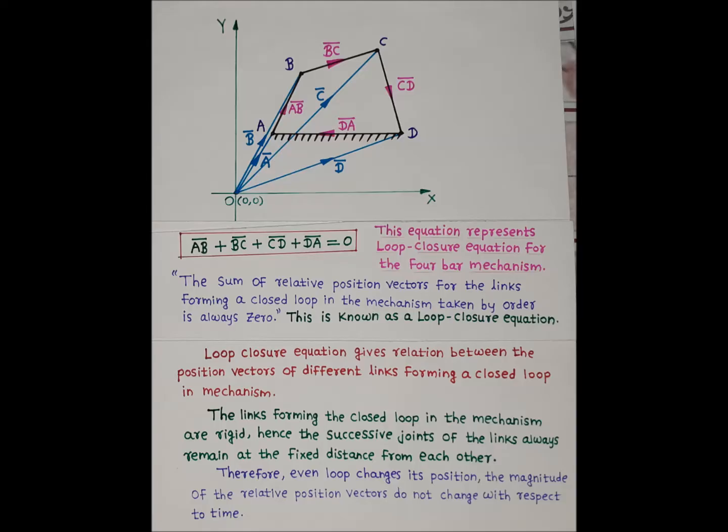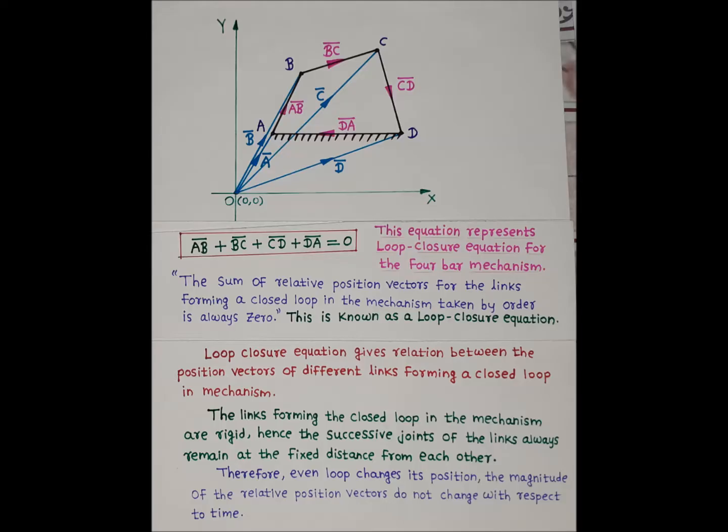Its position may change, but its length will be the same. For DA bar, the direction and position will always be the same as it is the fixed link.